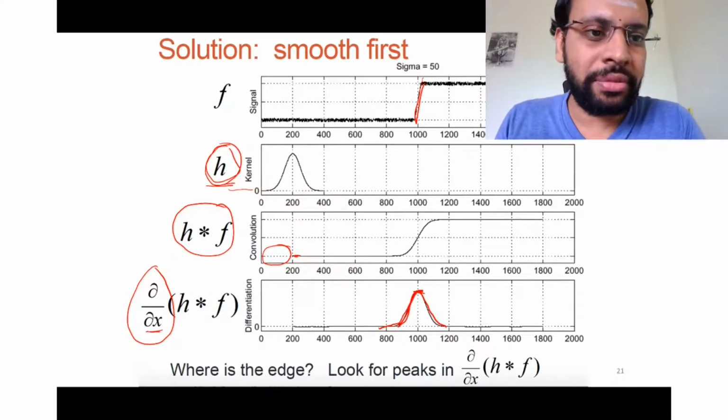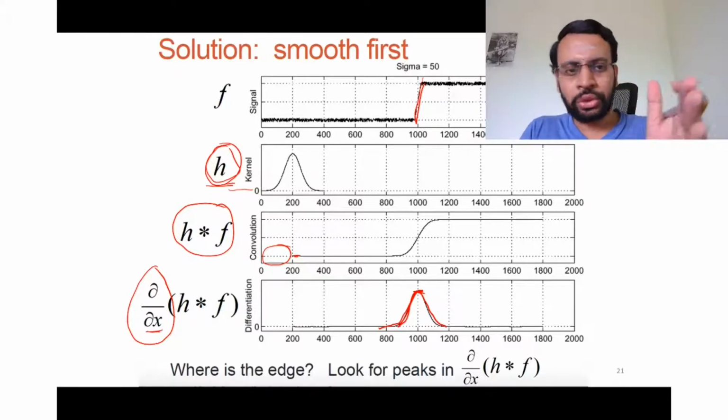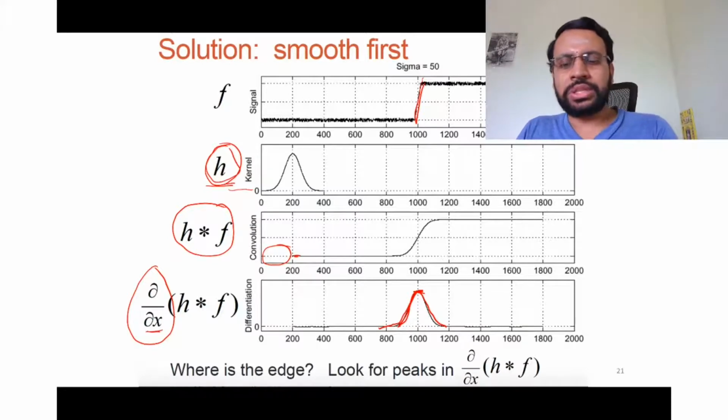Assume that you have n points here. Let's again look in just 1D. This convolution you have to do at all the n points, and you get a result. I leave it to you to figure out what would be the order of complexity of doing this.